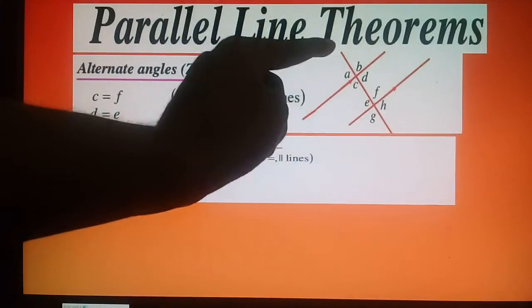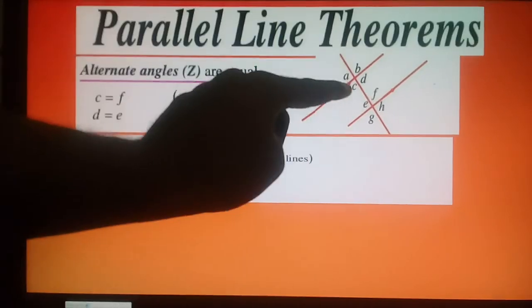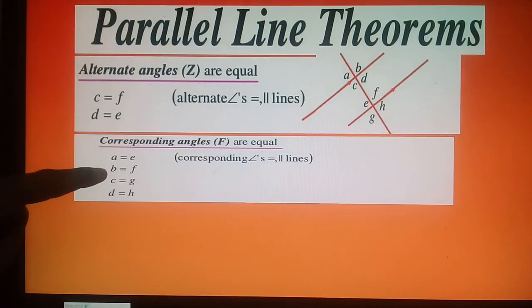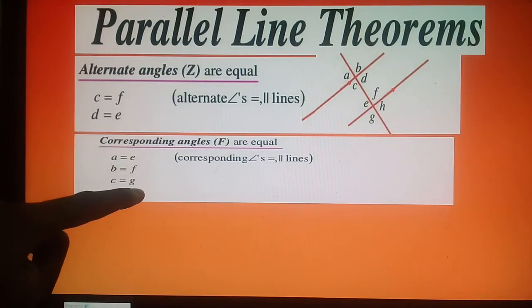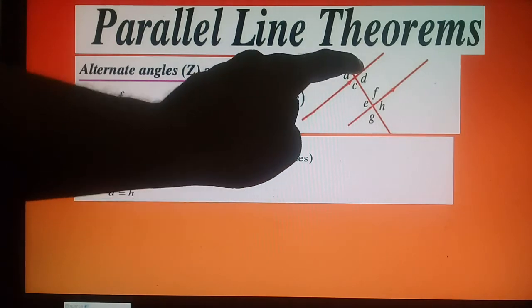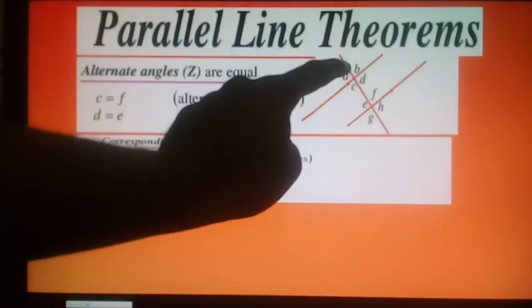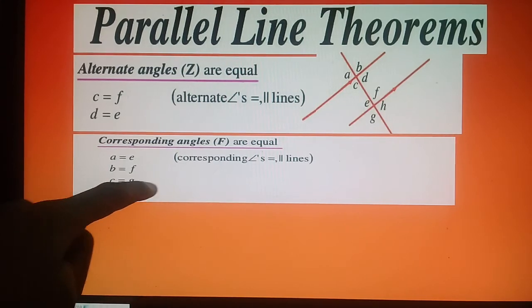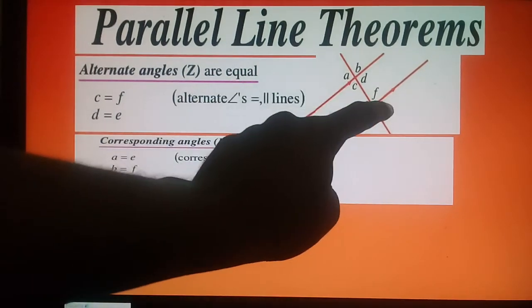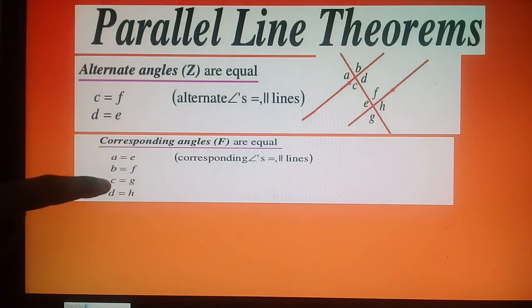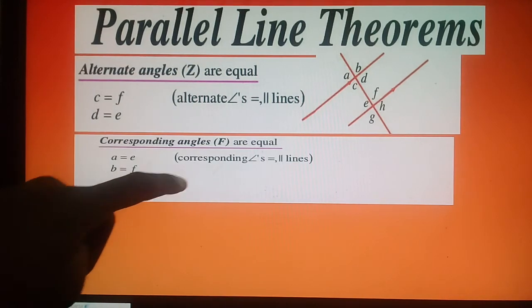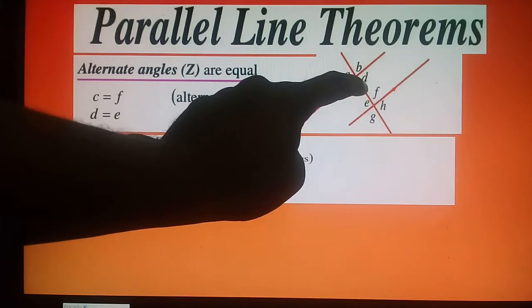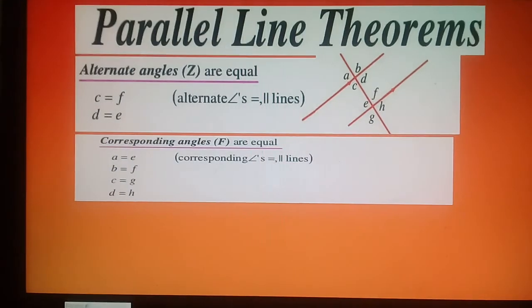You can see here we have the F shape. A equals E. And B equals F, corresponding angles. C equals G, corresponding angles, and D equals H, corresponding angles.